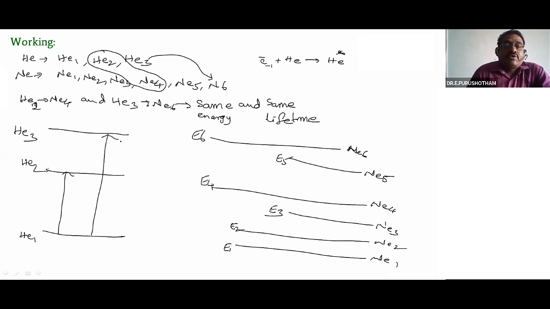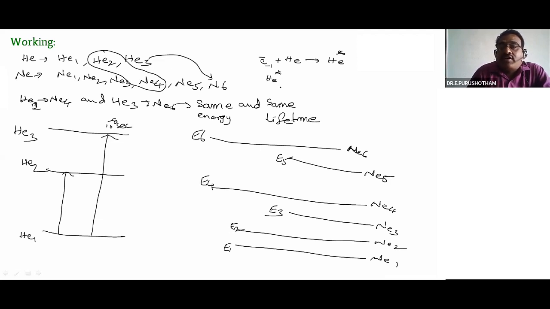In the excited state He3, the excited helium atom cannot stay a long time. It can stay up to 10 to the power minus 8 seconds. After 10 to the power minus 8 seconds, it returns to the ground state by itself.